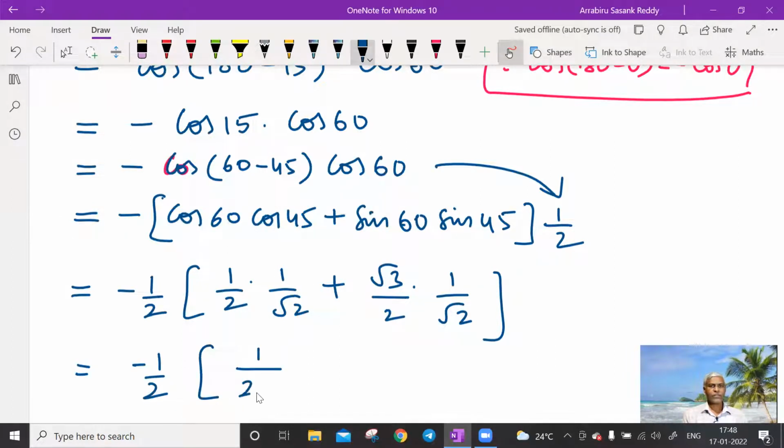So this is 1 by 2 root 2 plus root 3 by 2 root 2.